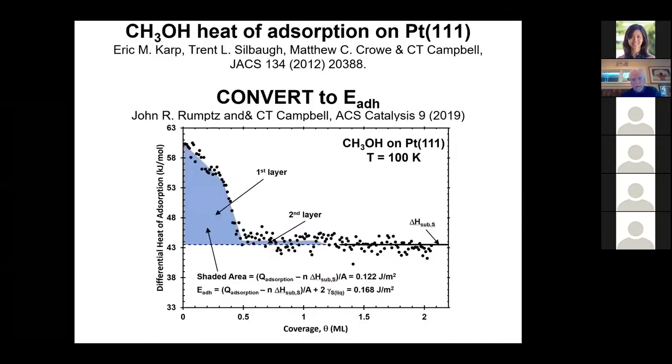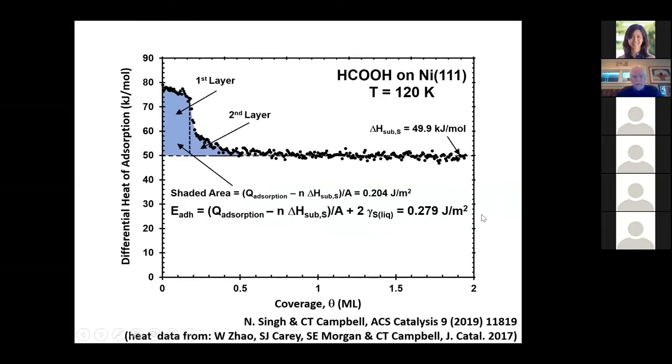So basically, the assumption here is that the heat capacity going from 100 Kelvin up to room temperature is the same for the solid as it is for the adsorbed layer of the methanol. You can kind of test the limits of that.